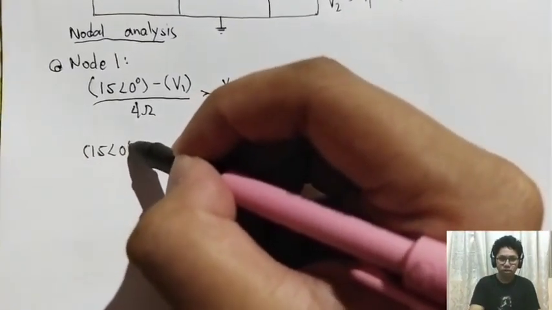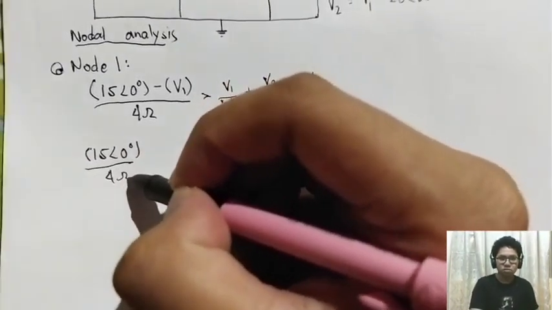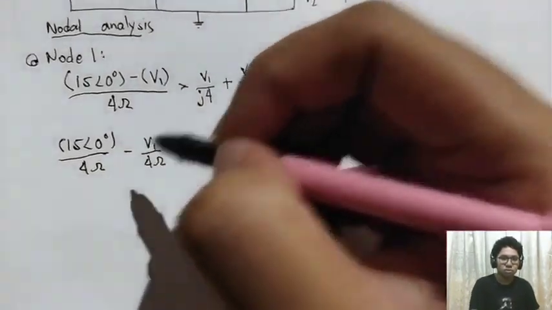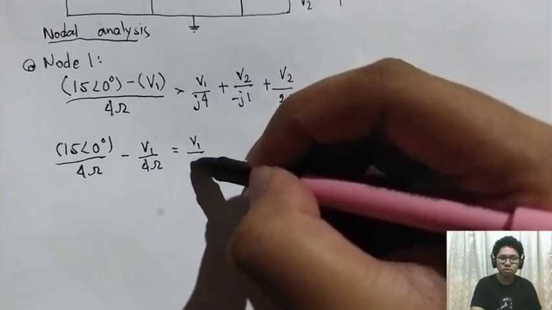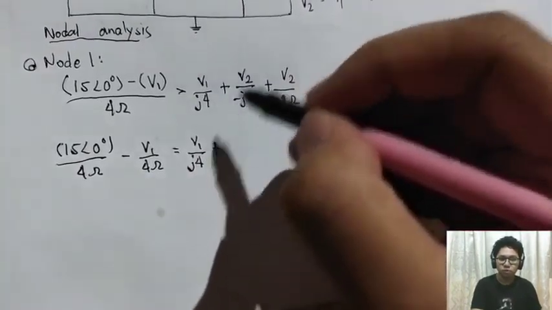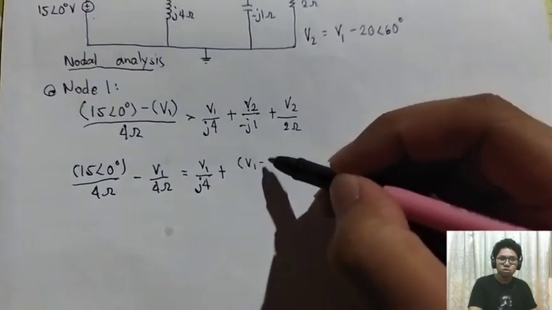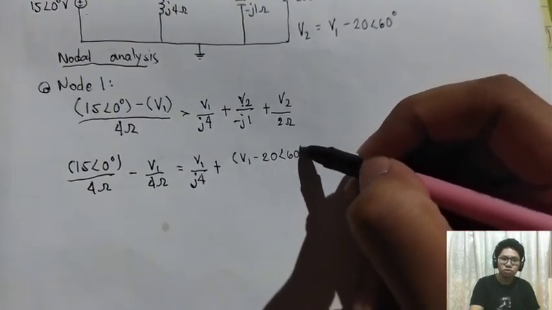So first, we can separate this by a variable. Then we will substitute the value for V2, that is V1 minus 20 angle of 60 degrees.